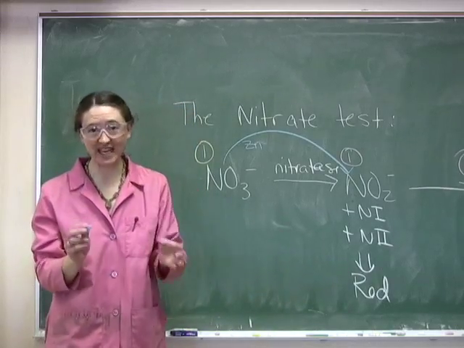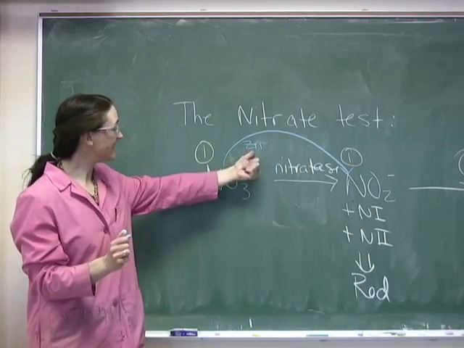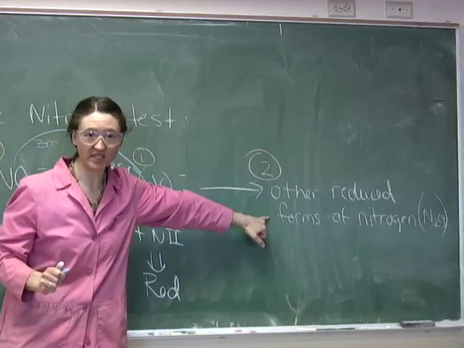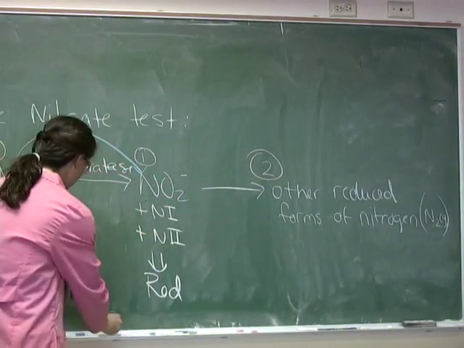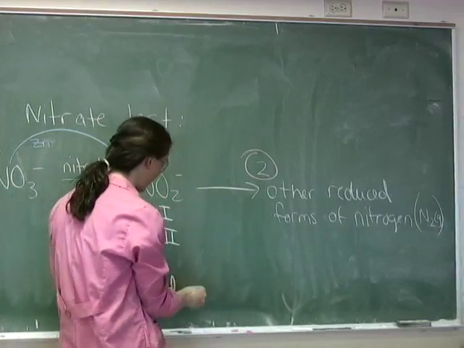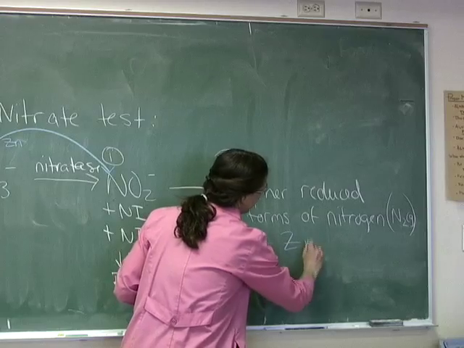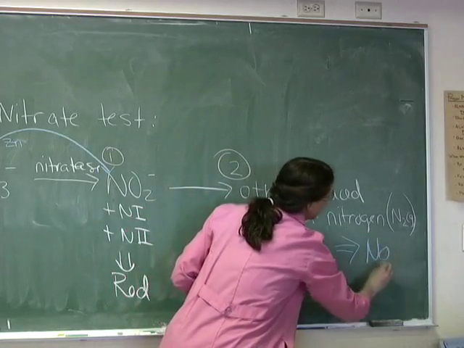Thus, pink after zinc means negative. However, if you add the zinc and the organism has converted the nitrogen to other nitrogenous compounds, then you're going to see nothing, because other nitrogenous compounds plus zinc equals no color change.